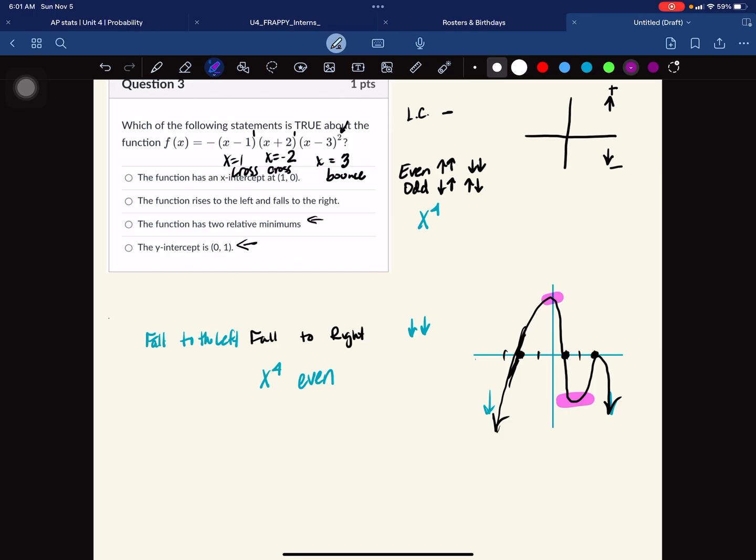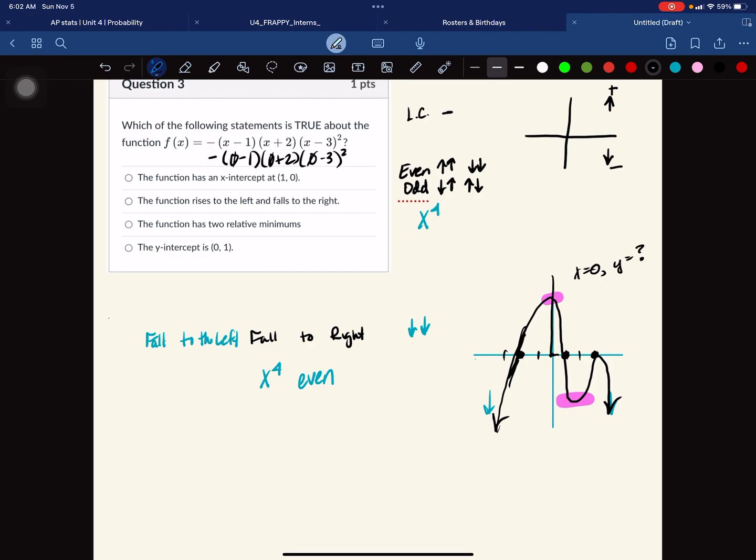Where it actually is, is pretty easy to calculate, because we know that the y-intercept happens when you are at an x-coordinate of 0. So if x equals 0, then what does y equal? That's the y-intercept. So I'm going to take my original function up here, and I'm going to plug in a 0 and calculate it. So it's going to be negative, and then 0 minus 1, 0 plus 2, and 0 minus 3 quantity squared.